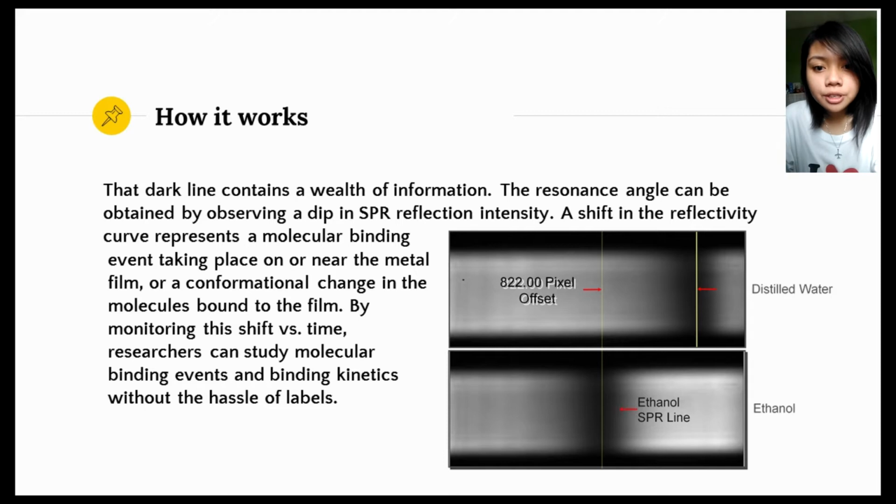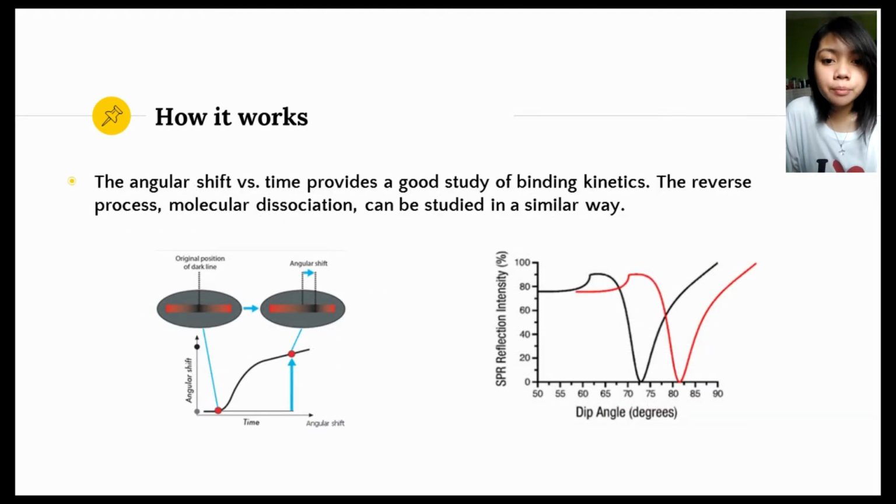By monitoring this shift versus time, researchers can study molecular binding events and binding kinetics without the hassle of labels. The angular shift versus time provides a good study of binding kinetics. The reverse process, molecular dissociation, can be studied in a similar way.